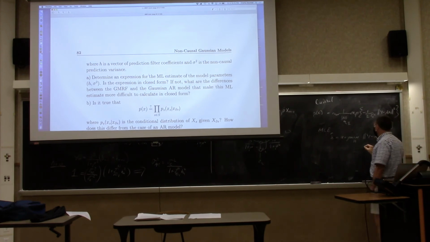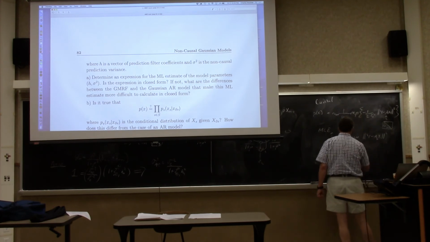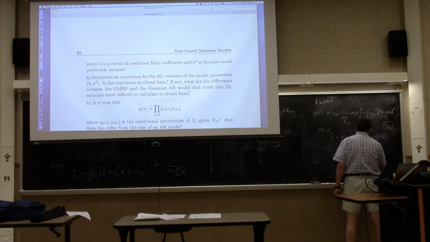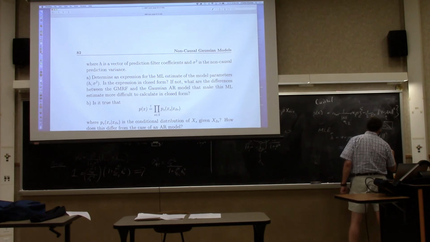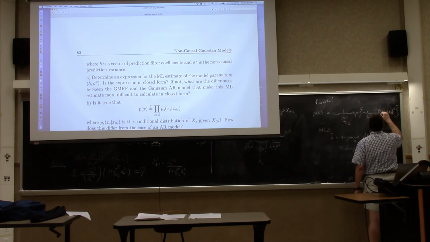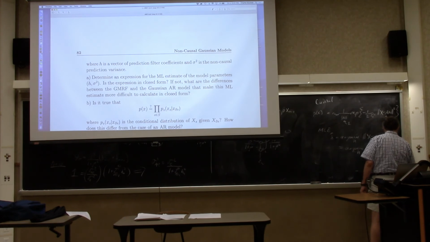So this was equal to the arg min over h of the sum over n equals 1 to whatever N of yn minus the sum from k equals 1 to p of hk, this is x, I'm sorry, sorry about that, that should be an x, x of n minus k, squared.